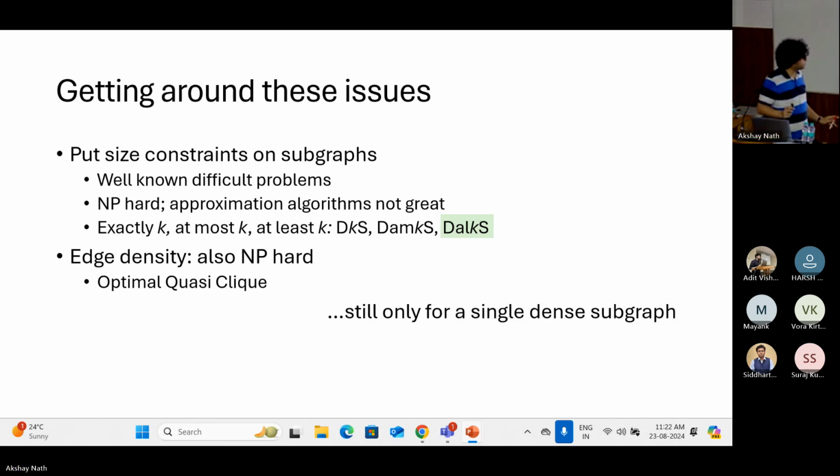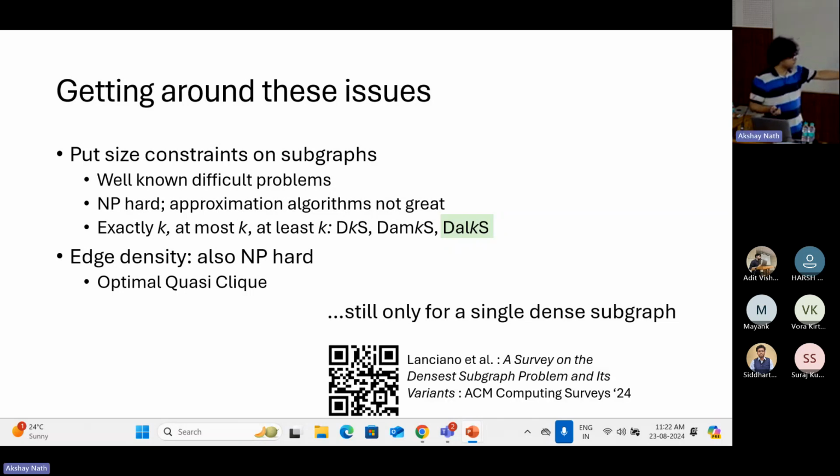But my point is all of this is NP-hard, and this is for a single dense subgraph. It gives you a decomposition to begin with. So for these optimization problems, we spend time getting around hard cases, and it turns out in real life this becomes not very practically usable. If you want up-to-date literature, this survey does a great job. It just came out in one of the ACM surveys. So yeah.